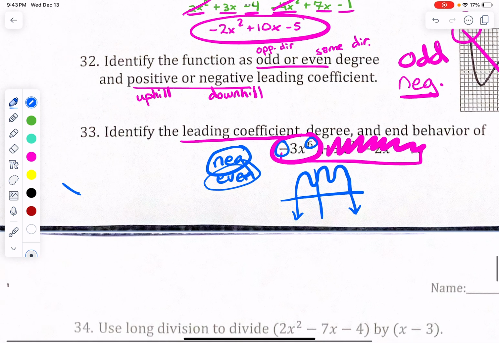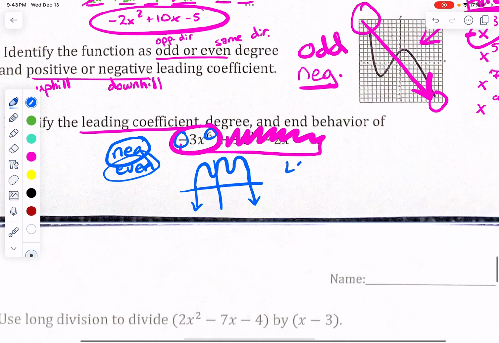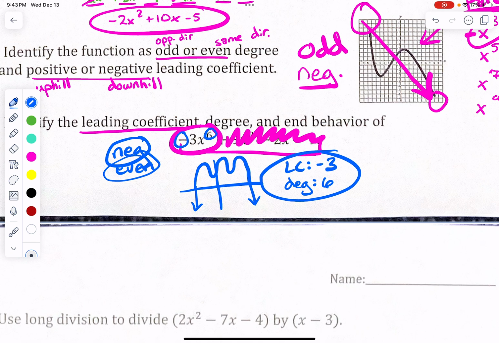Now, since I've done that, the leading coefficient is -3. The degree is 6. Those are two things it asked for, and that helped me determine what he looked like. And then I can do end behavior. As x goes to infinity, the y is going to something. As x goes to -infinity, the y is going to something.